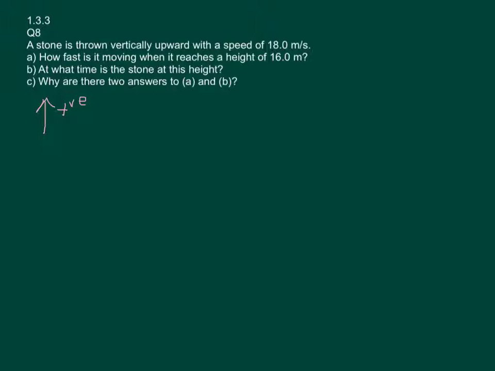We've got a VI here of 18.0 meters per second. I've got a delta D of 16.0 meters. I've got an acceleration. Now gravity's down, so it's negative.